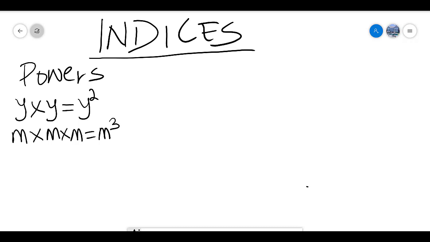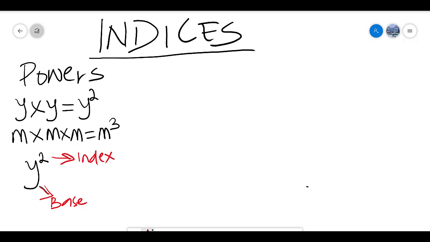So when we have an expression like y squared, the y is the base, while the 2 is the index.